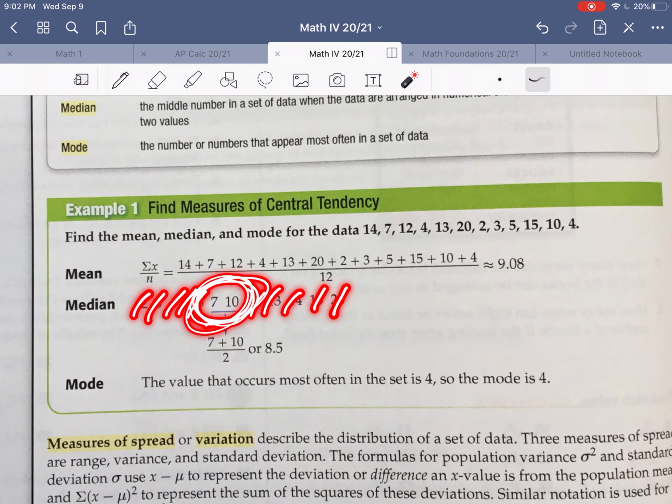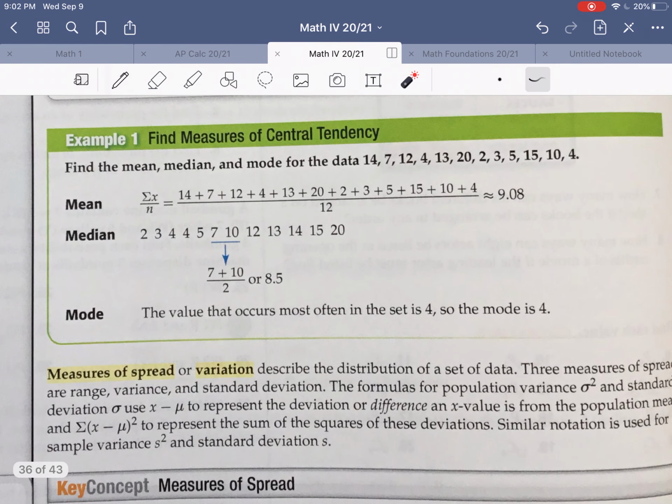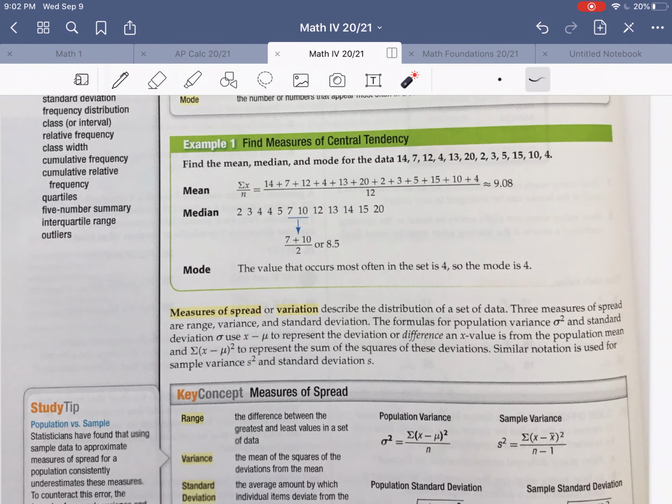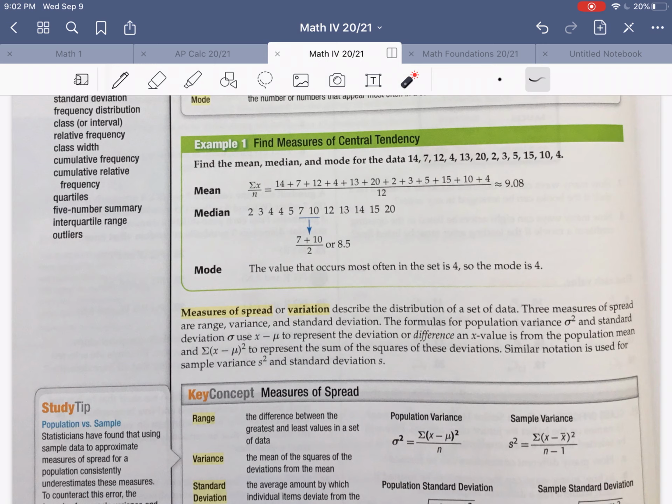If you ever have a situation like this, instead of one middle number, you just take the average of the 2 middle numbers. So you get 8.5. And then mode, again, the most common value. And 4 shows up 2 times, and nothing else shows up more than once. So those are all measures of central tendency. These are all different ways that we can talk about the average person.